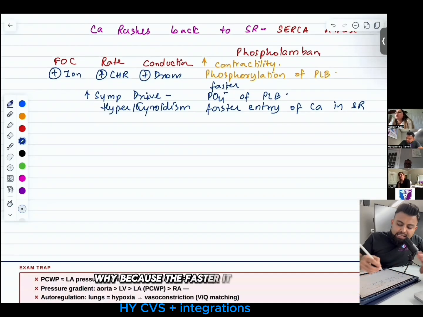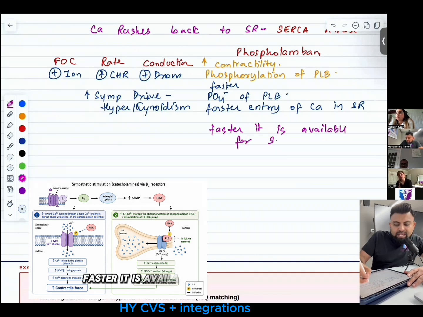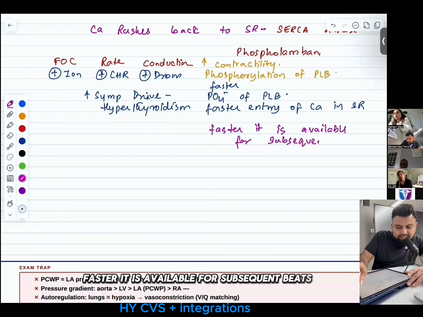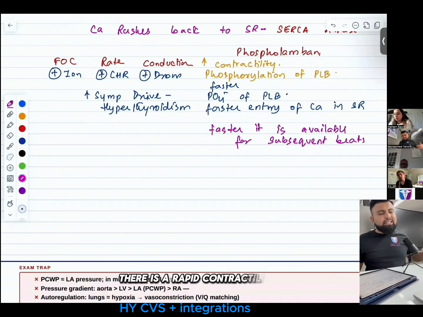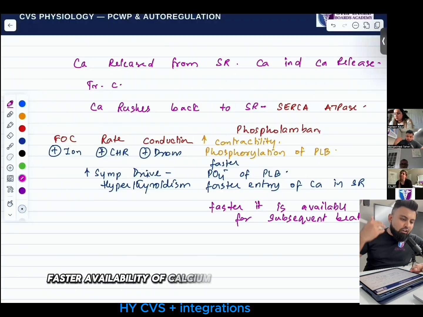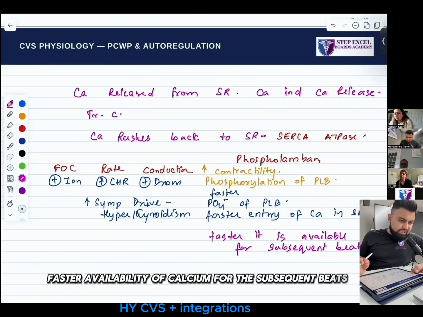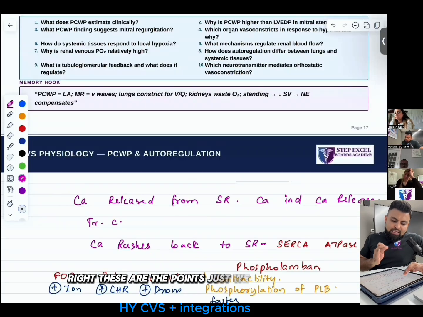Because the faster it rushes inside, the faster it is available for subsequent beats. So when there is an increase in sympathetic drive, there is rapid contractility, faster force of contraction, and faster availability of calcium for the subsequent beats. You understand, guys? Everybody fine? These are the points we need to cover.